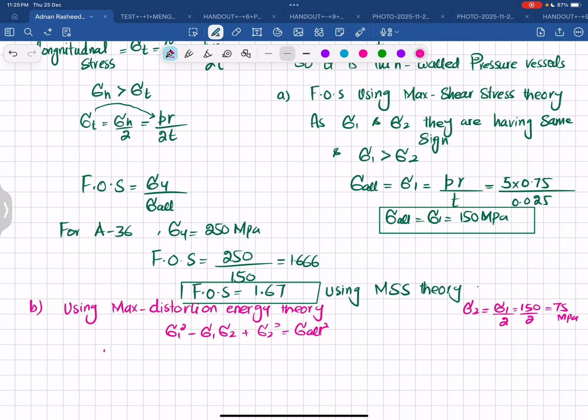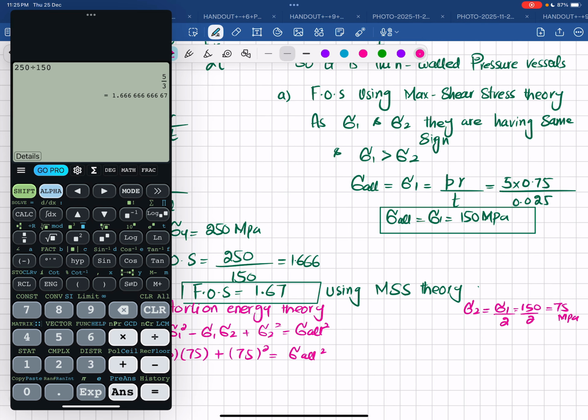So we will put in the values: 150 square minus 150 into 75 plus 75 square will be equal to sigma allowable square. So we will calculate that: 150 square plus 75 square minus 150 into 75.